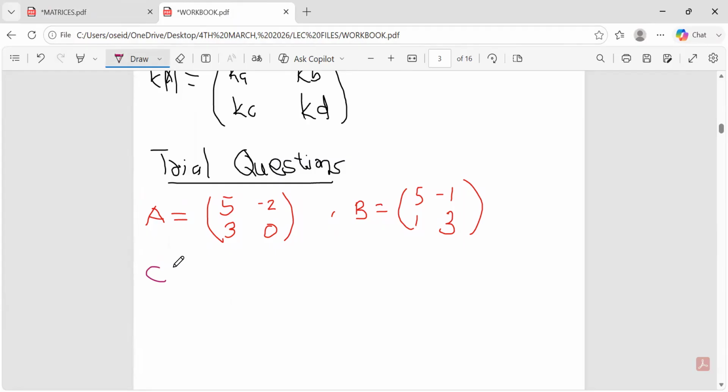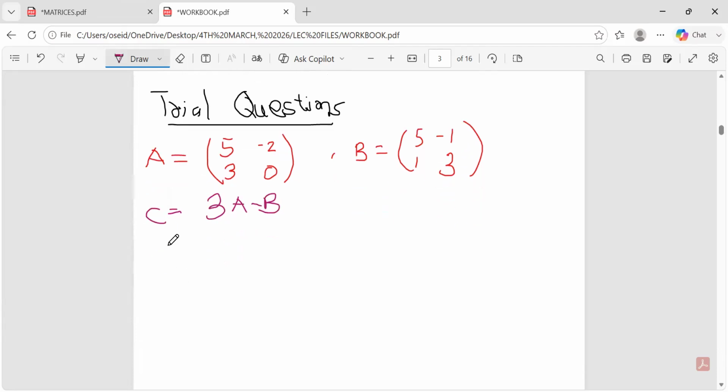Then C equals 3A minus B. So therefore, C will be equal to 3 brackets 5, 3, -2, 0, minus 5, 1, -1, 3.